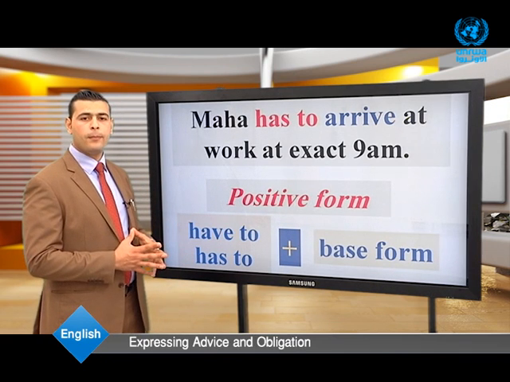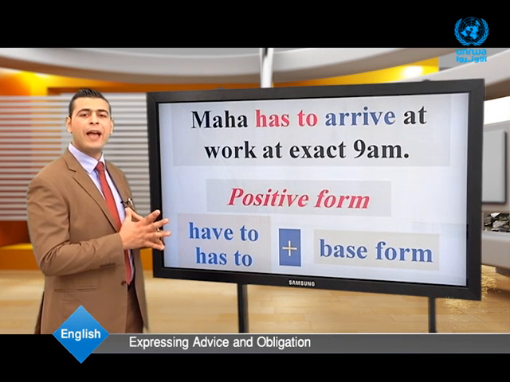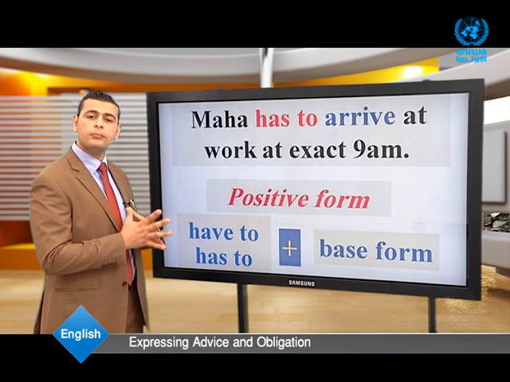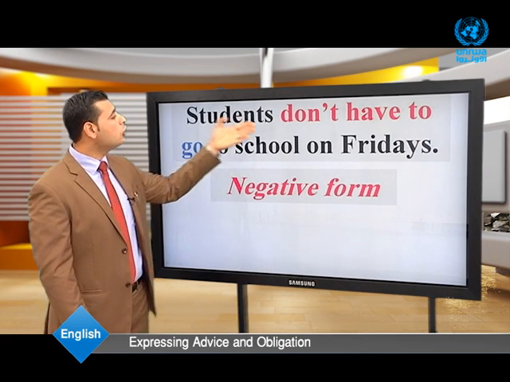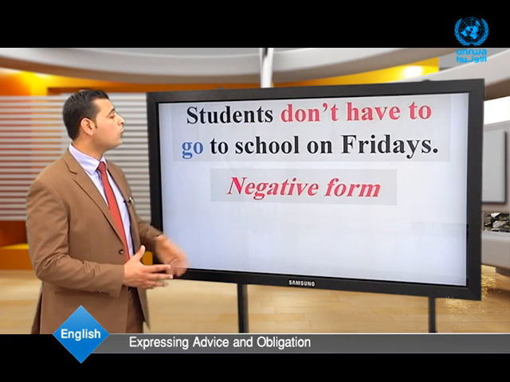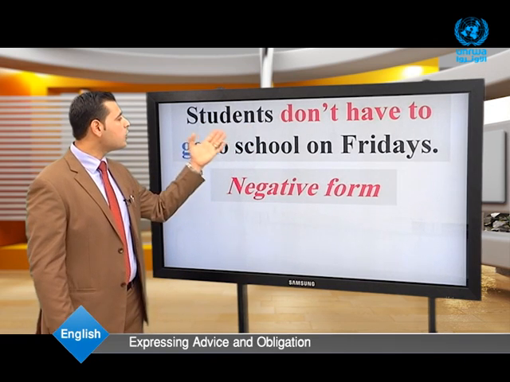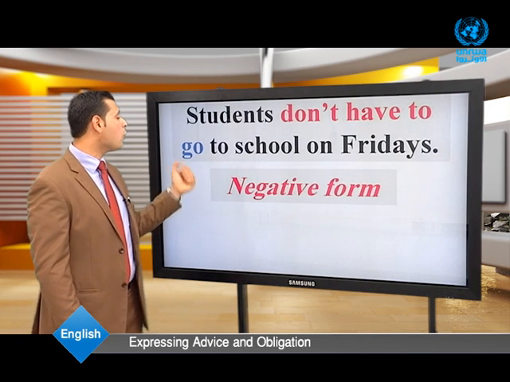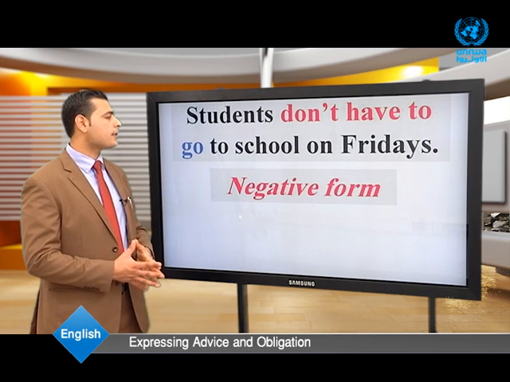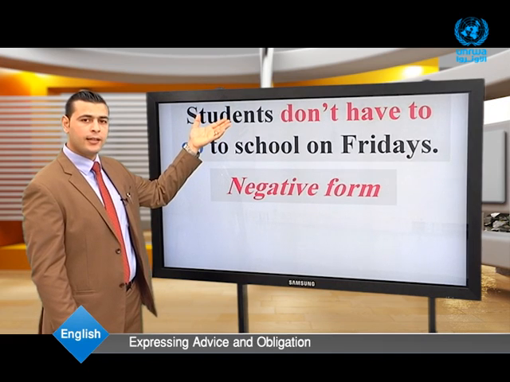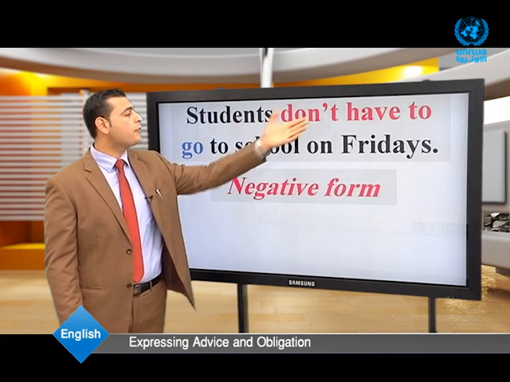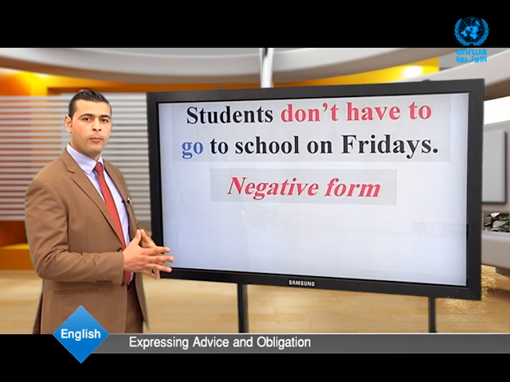What about the negative form of has to or have to? Let's look together. Students don't have to go to school on Fridays. Here we talk about the students, a plural subject, so we use don't have to plus the base form.